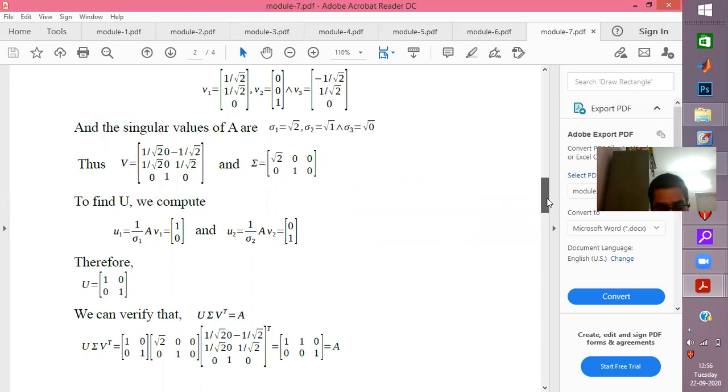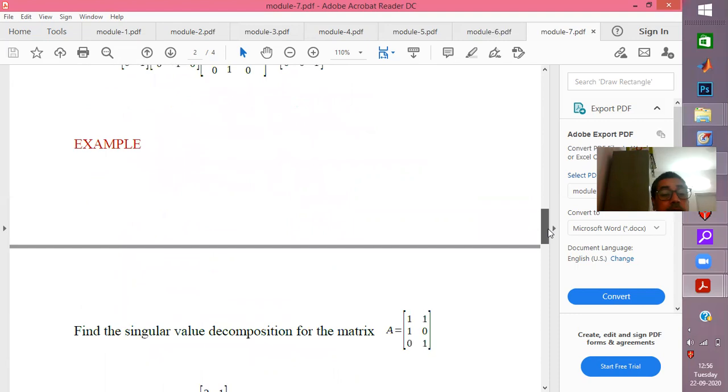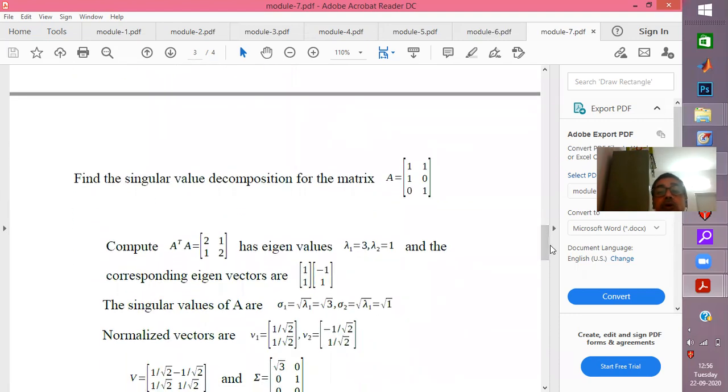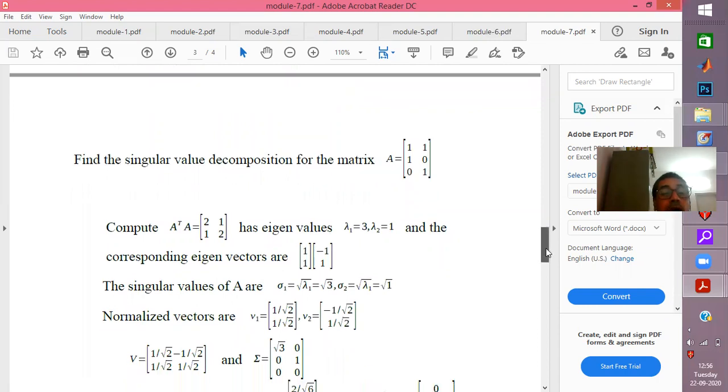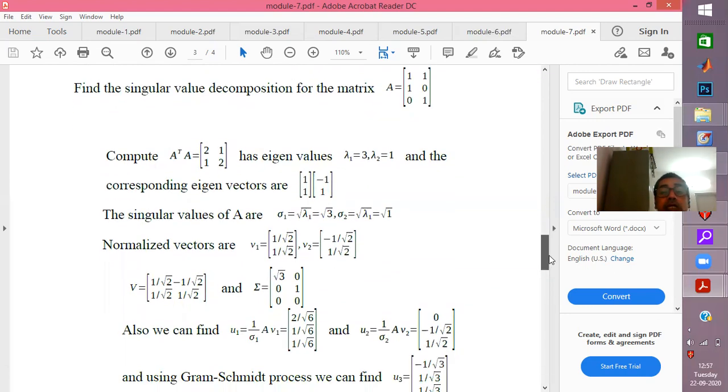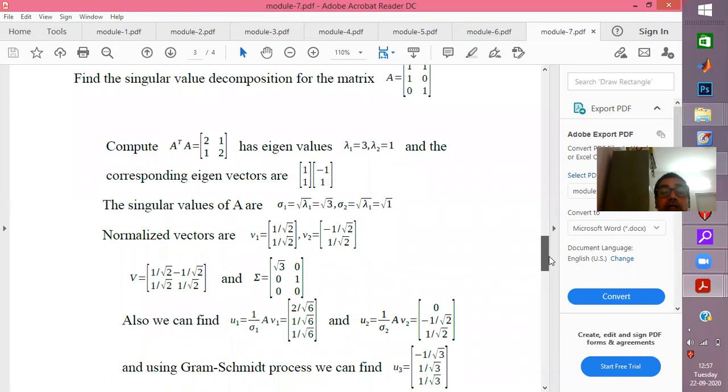Now let us take a second example. This is a tall matrix, 1, 1, 1, 0, 0, 1. It's a 3 by 2 matrix. We find A transpose A. You can see it is a 2 by 2 matrix. It gives us two eigenvalues, 3 and 1. The corresponding eigenvectors are distinct and orthogonal, and the singular values will be root 3 and 1.